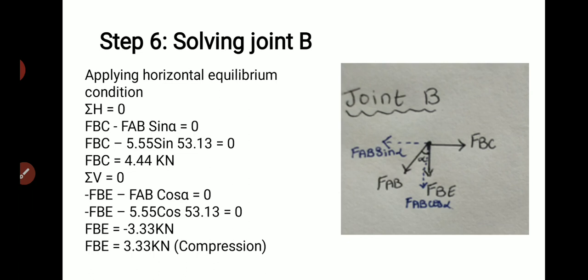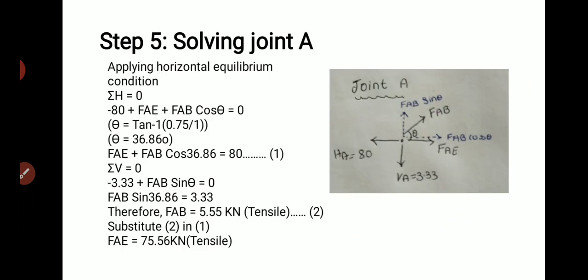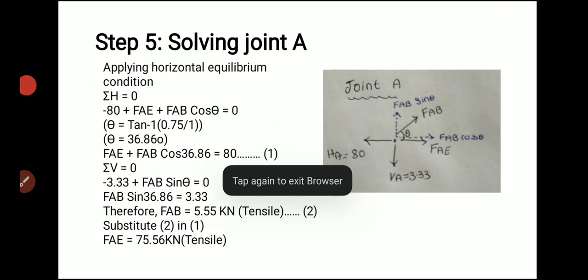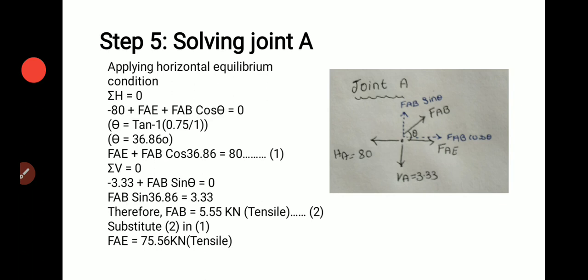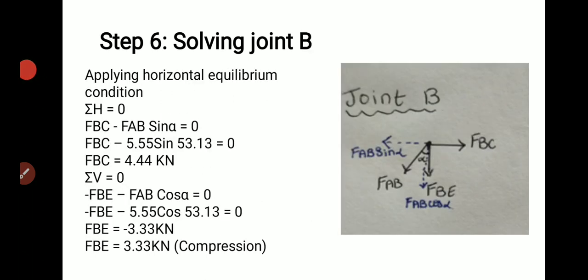I have determined the value of theta here, and theta remains the same in the other quadrant also. So alpha will be 90 minus theta. Alpha is equal to 53.13 degrees.